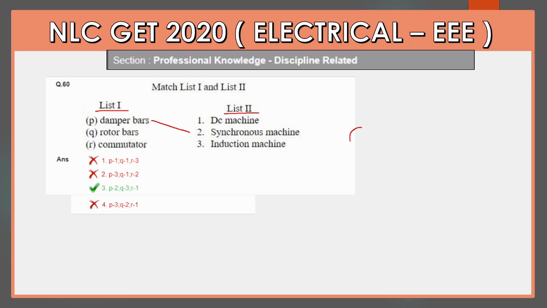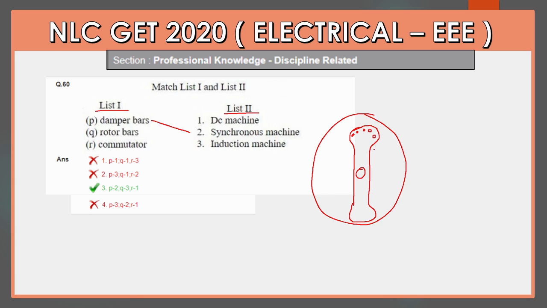If you see the salient pole construction of a synchronous machine, here the damper bars are provided. So damper bars are for synchronous machine. Commutator is obviously for DC machine. So R is for 1. So the option is third option.